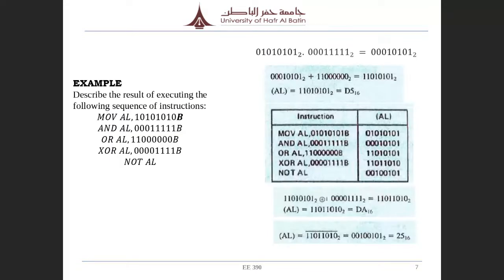If we have a logical operation, if MOV AL comma this value, what will be the AL content if it is logical AND, logical OR, logical XOR, and NOT? So this is about the logical instruction. This one is not fully the same but similar, because here MOV AL, 10101010, but here it is 01010101.